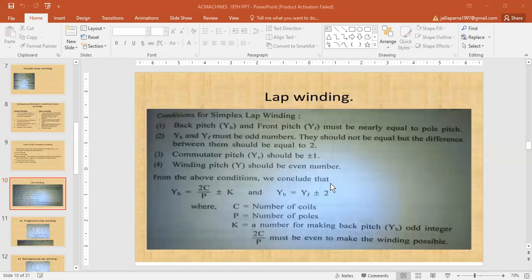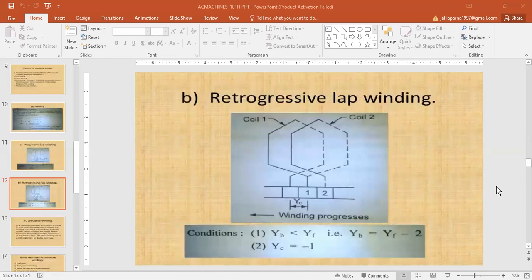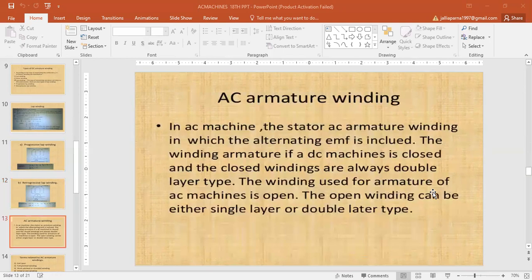Similarly for the triplex lap winding, there would be three windings, each connected to one third of the commutator bars. Progressive lap winding and retrogressive lap winding.